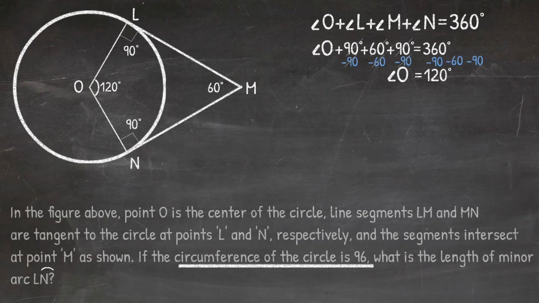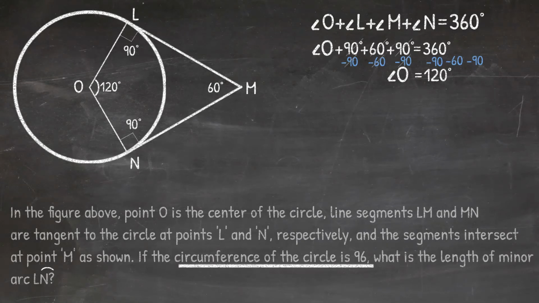One way to find the answer would be to find what part of the total circumference it represents. Given that the arc runs across the angle of 120 degrees and the full circle is 360, if we can find what part of the circle is represented by the 120 degrees, we would also be able to find what share of the circumference is the arc covered by the angle of 120.